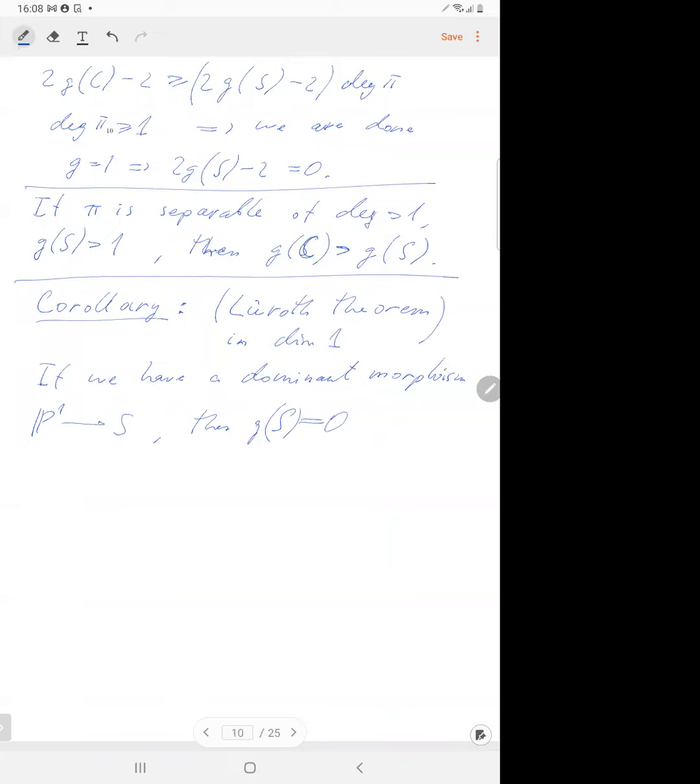So it's abstractly isomorphic to P1, but not via this morphism. It can be a covering of arbitrary degree.